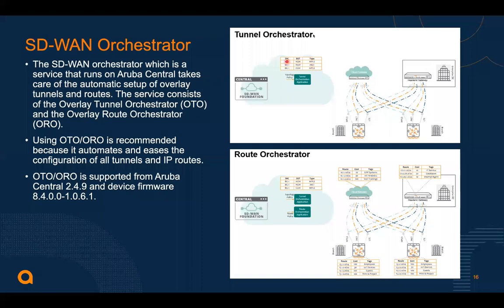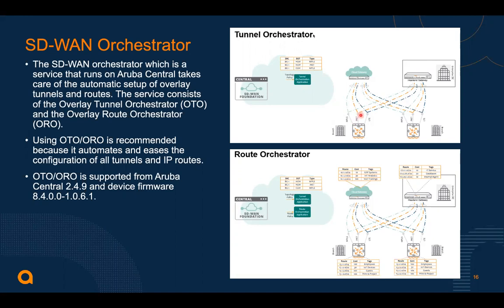Say the branch gateway is the source and the destination is towards the cloud gateway or the head end gateway. We could set what type of uplinks need to be used, predefined. So there is a specific application for tunnel orchestration that can be used.